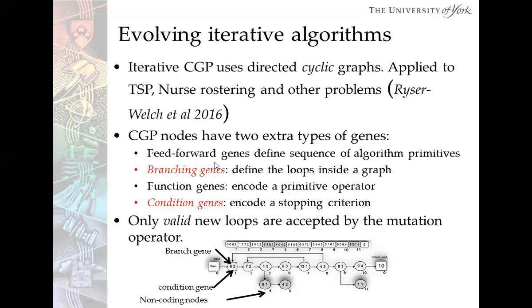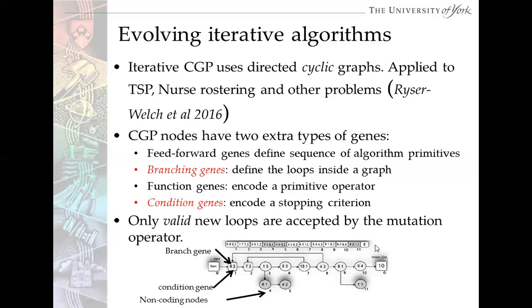To do this, she had to create a number of extra genes that we don't have in standard CGP: branching genes, which define loops inside a graph, and condition genes, which encode a stopping criterion for the loop. You can easily get nonsensical loops, so you need to modify the mutation operator so that it only accepts valid loops.